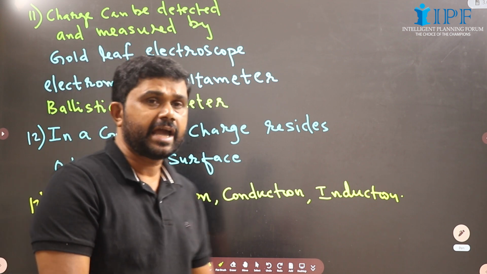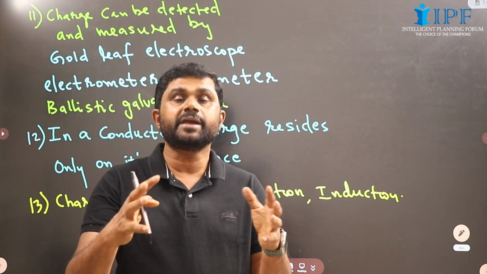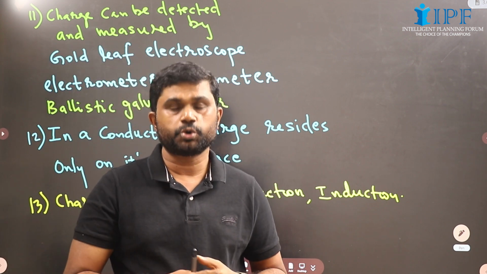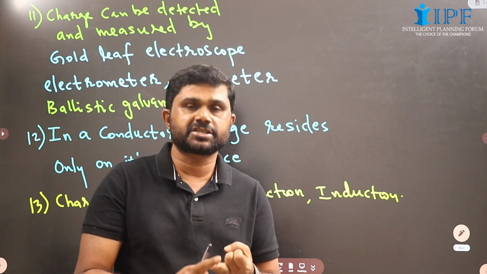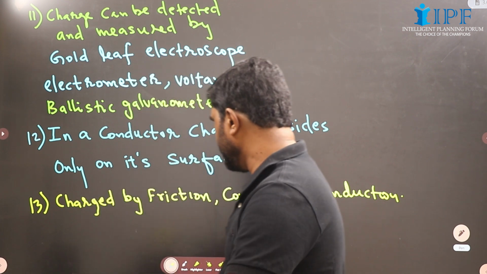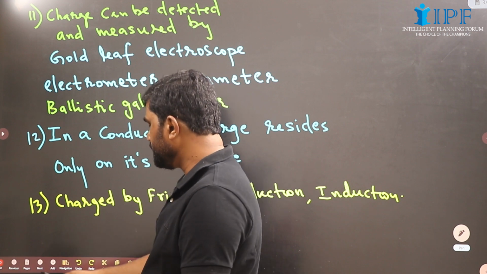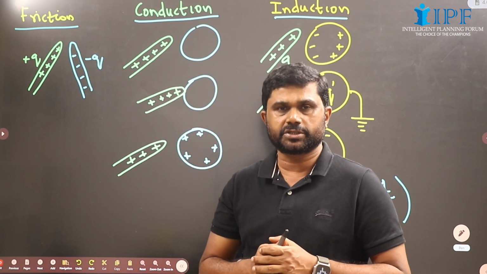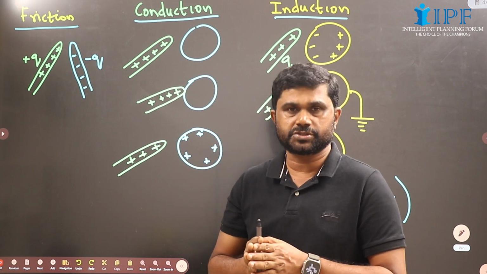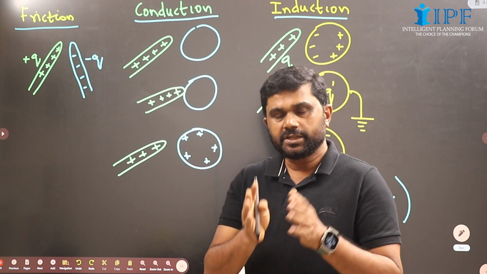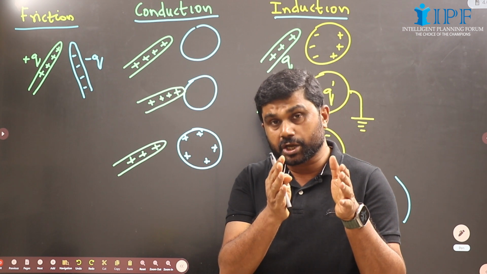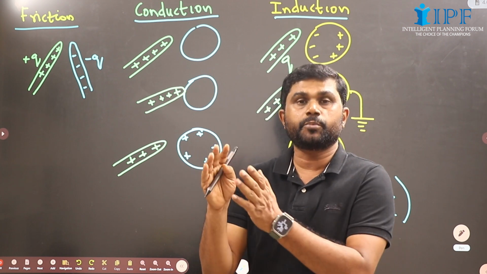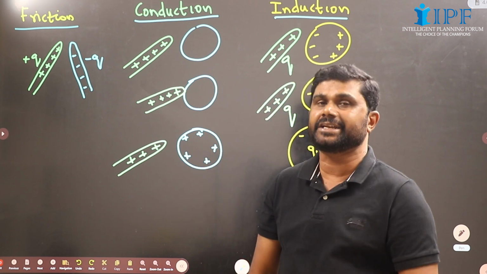Next, a body can be charged by three methods, three processes: friction, then conduction, and then induction. When two bodies are rubbed together, one body loses electrons and the other body gains. The body that loses electrons will acquire a positive charge, and the body that gains electrons will acquire a negative charge.